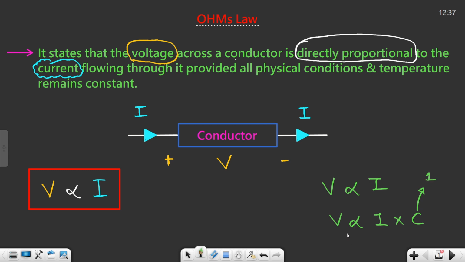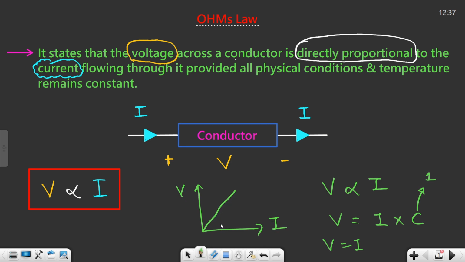I don't know what this constant is right now. So V is equivalent to I. I'm just giving you a rough idea. If this is my V versus I graph, this is how it will look.